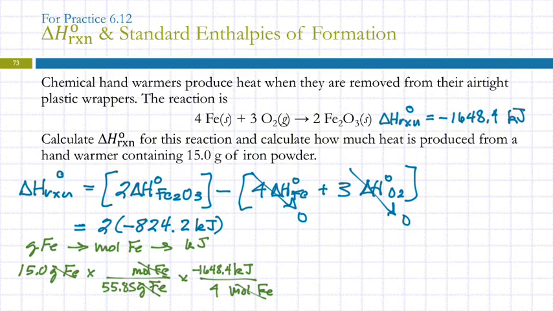It's an element, so we don't even have to do any calculating there. So 15 grams divided by 55.85 to get moles, times negative 1648.4. And so I'm getting negative 442.72. This should have three significant figures because of my mass. Kilojoules.